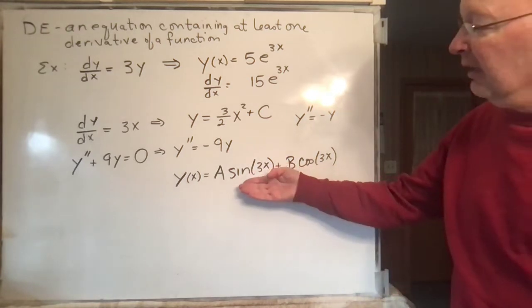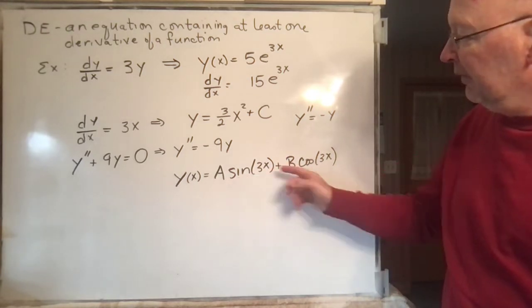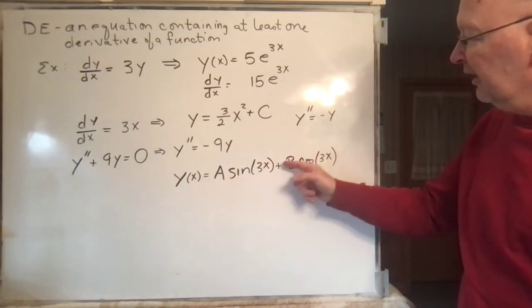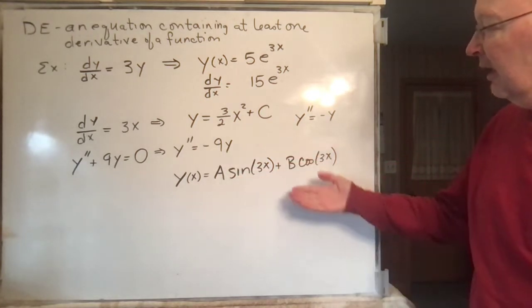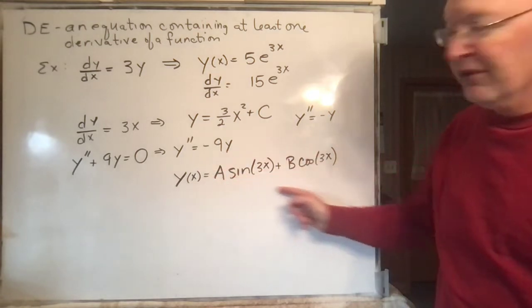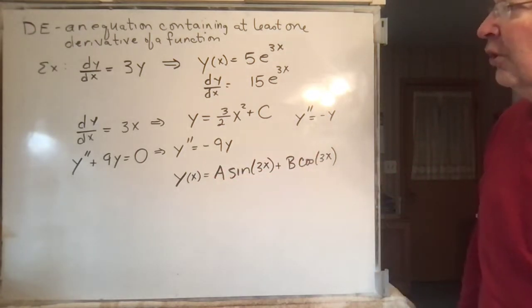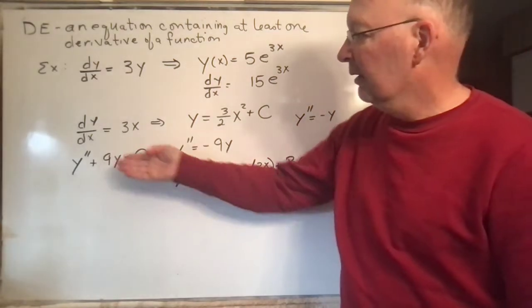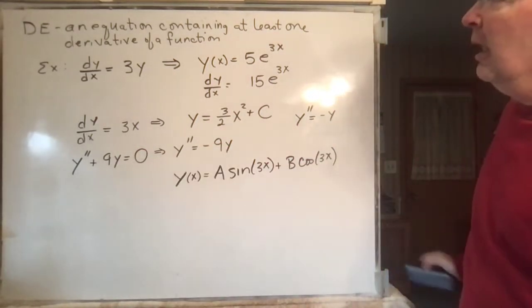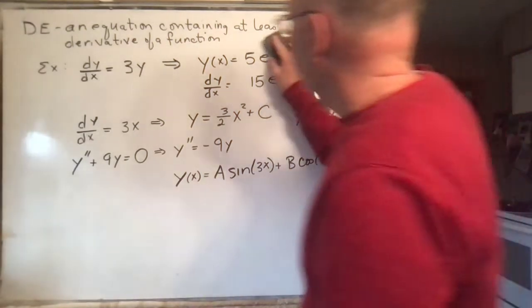If you start with that and take the second derivative, those all just stay where they are, and you end up with a negative 9 in front of that, and you end up with a negative 9 in front of that, and you end up with negative 9 times the thing that you started with. So there's another example of a differential equation. So there's all sorts of them, and so enough said about that.